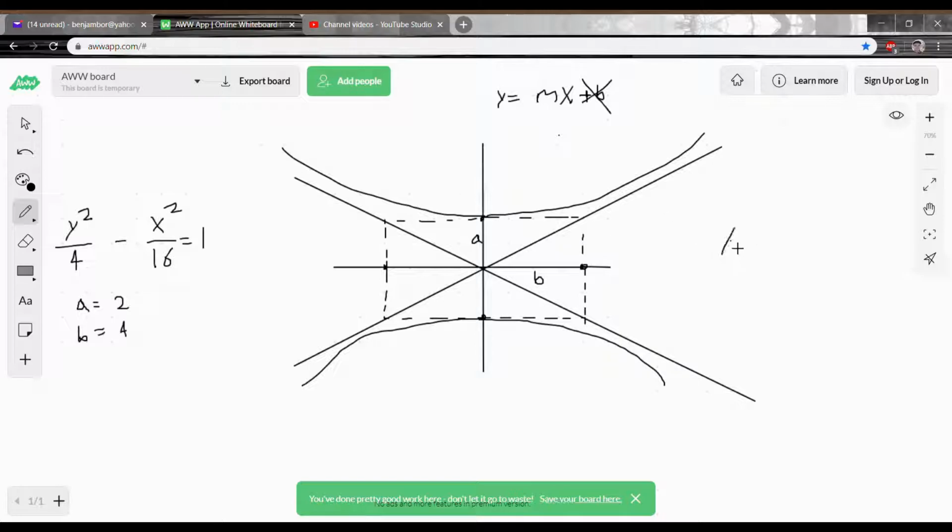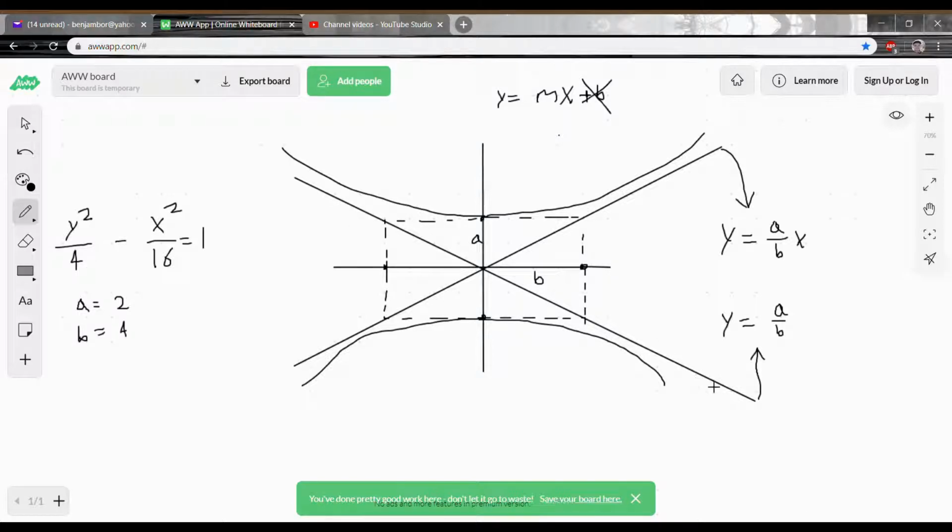So if our slope is rise over run, our equation for this line is going to be the rise, a, over the run, b, times x. So this is for this line right here. And if we wanted to make an equation for this line, it's a similar process. It's going to be the rise over the run. However, we are going down.